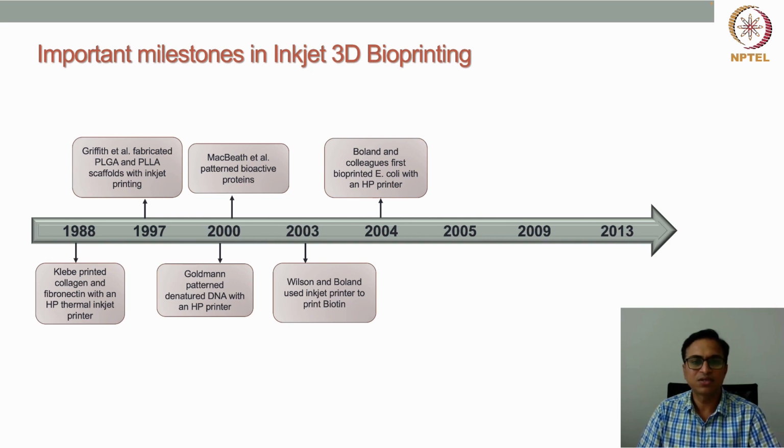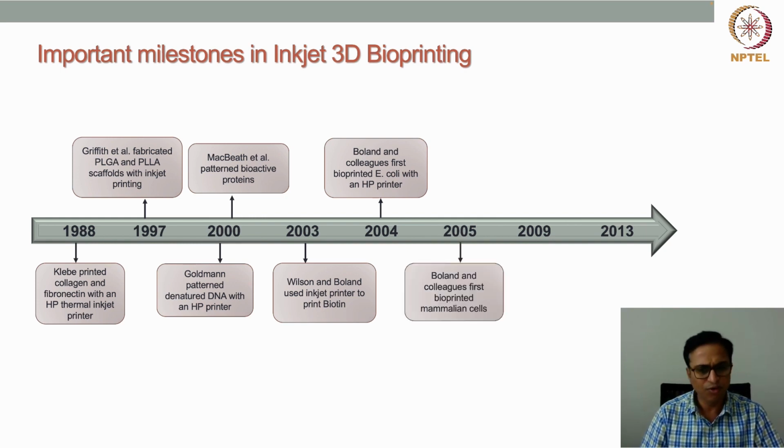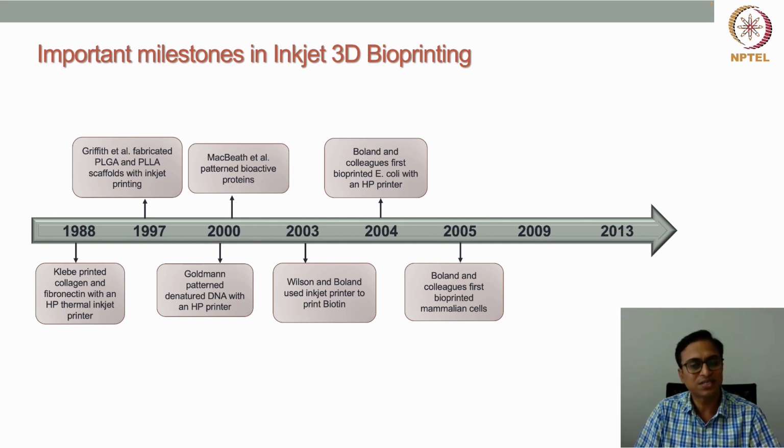That was the very first attempt at printing a living organism through an inkjet printer. Following that, the same group bioprinted mammalian cells with the same printer in 2005, after the success with E. coli.